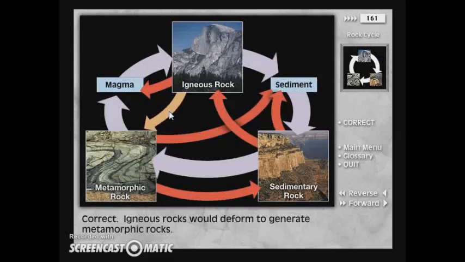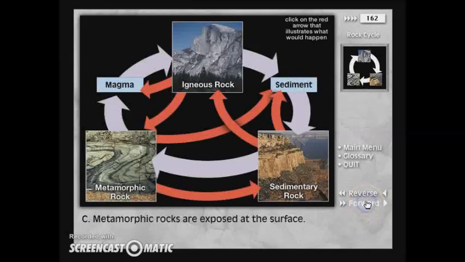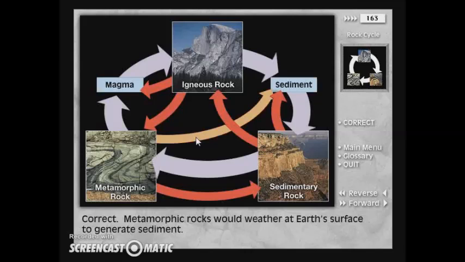Correct. Igneous rocks would deform to generate metamorphic rocks. C. Metamorphic rocks are exposed at the surface. Correct. Metamorphic rocks would weather at Earth's surface to generate sediment.